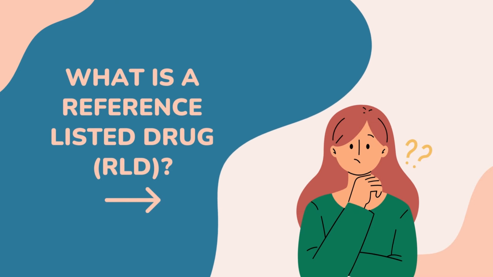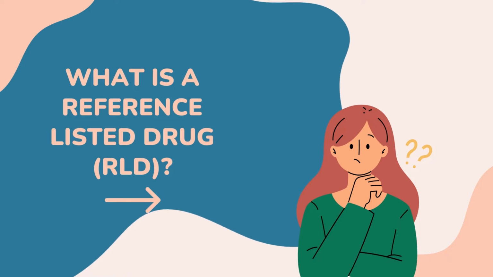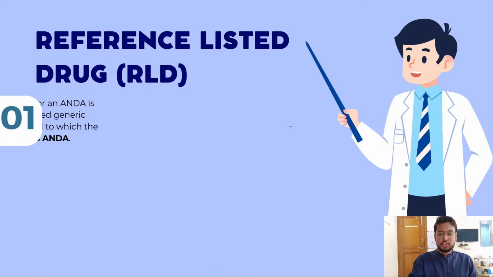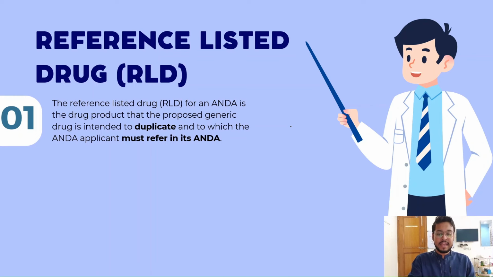Now let's understand what a reference listed drug, or the RLD, is. By definition, an RLD for an ANDA is the drug product that the proposed generic drug is intended to duplicate and to which the ANDA applicant must refer in its application. So in short, whenever a generic pharmaceutical company applies for an ANDA, they have to mention the name of the listed drug which they are referring to and duplicating, and that is why it is known as the reference listed drug.